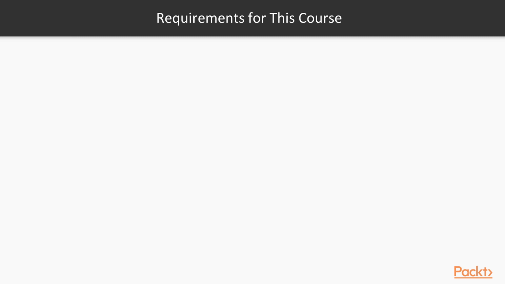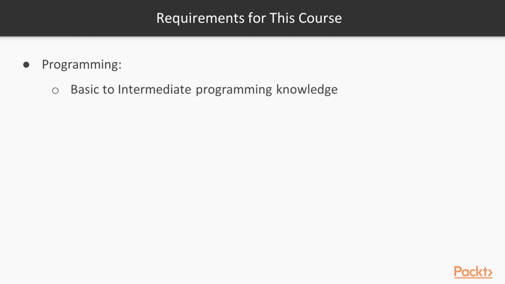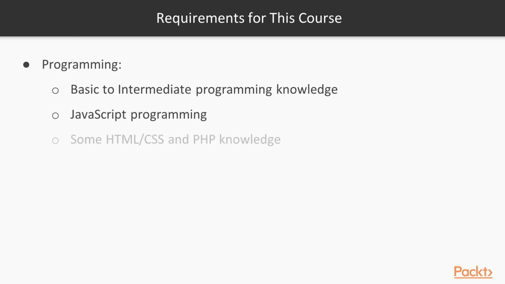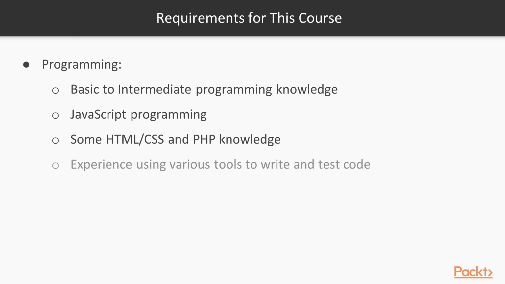So, the requirements for this course are you need to be having a basic understanding of how programming works, basic to intermediate programming knowledge, a basic understanding of languages like JavaScript, which is preferable, some HTML, CSS, and PHP knowledge, and experience using various tools to write and test code.